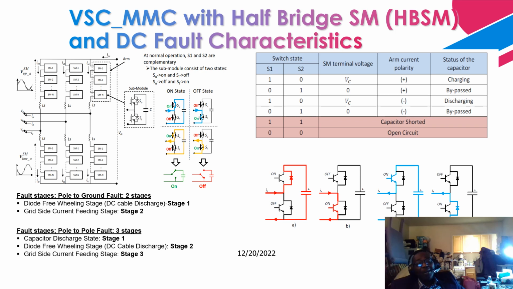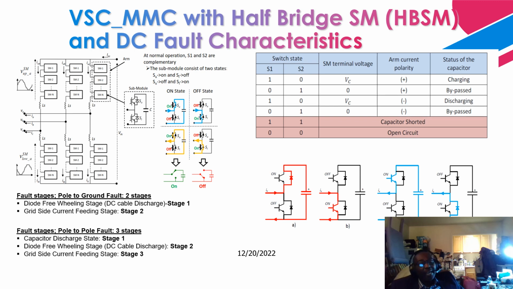Remember, the DC cable has a high insulation capacitance, so when energizing the HVDC scheme you need reactive power to charge the DC cable. When there's a fault, this DC cable has to discharge to the faulted point on the DC side. That is considered stage 1.